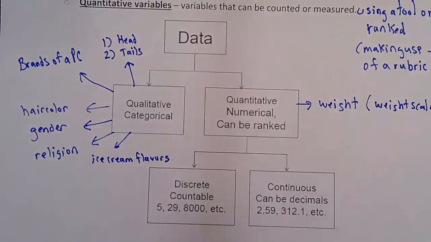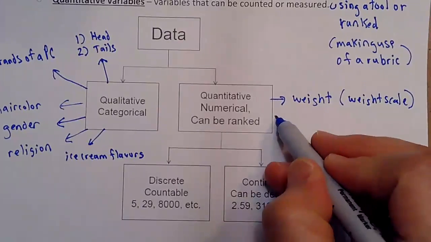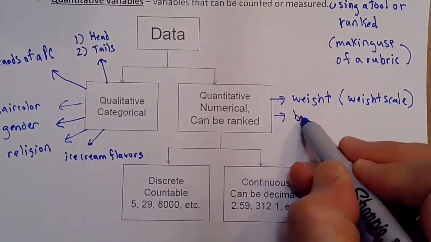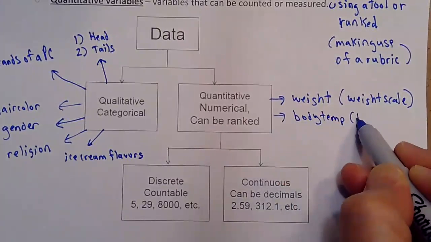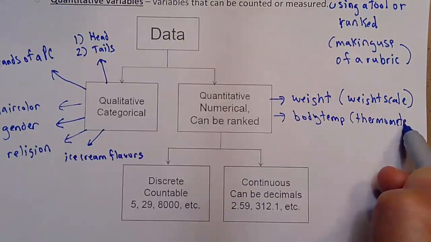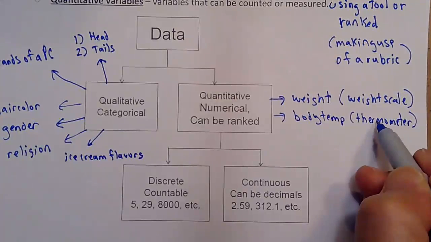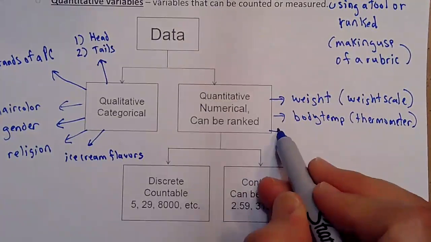So you're using the tool of the weight scale to compute someone's weight. Body temperature. So you would need a thermometer to measure the body temperature.